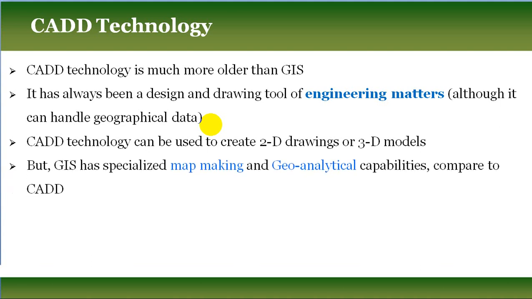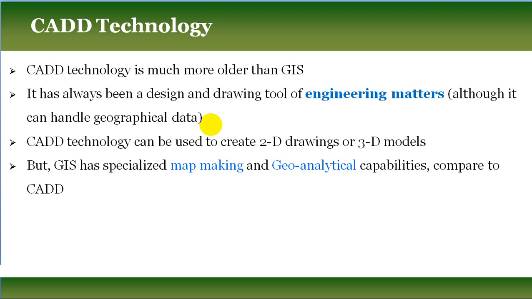But GIS has specialized map making and geo-analytical capabilities compared to CAD. Although CAD can handle geographical data, CAD does not have those sorts of analytical capabilities, those sorts of specialized map making capabilities.